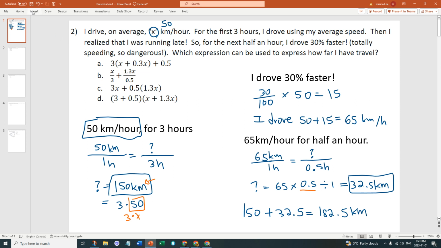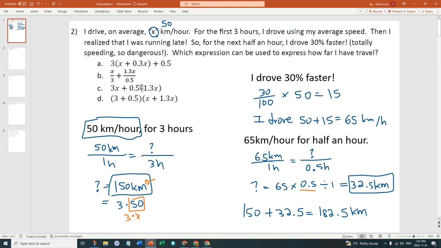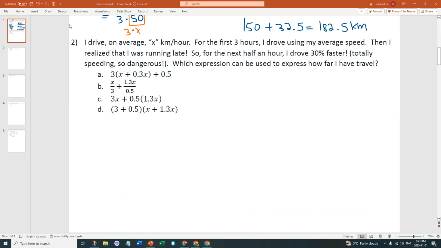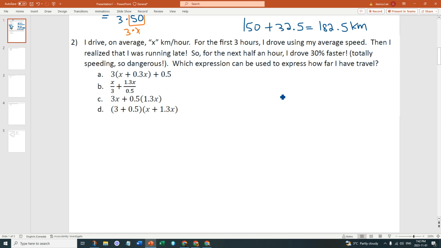If you still cannot see it, that is fine. It's not the end of the world. What we can do is test it one by one. So I have set my x as 50, and I know my final answer is 182.5 kilometers.